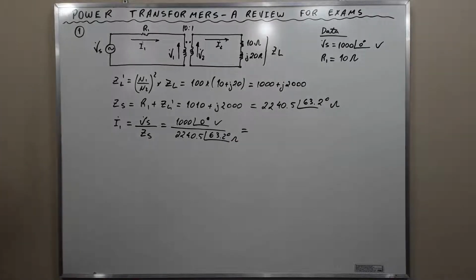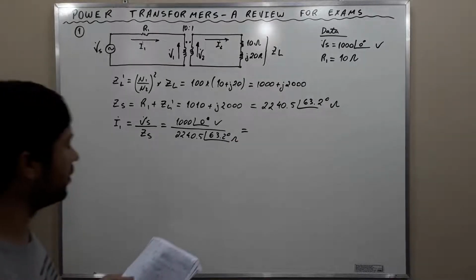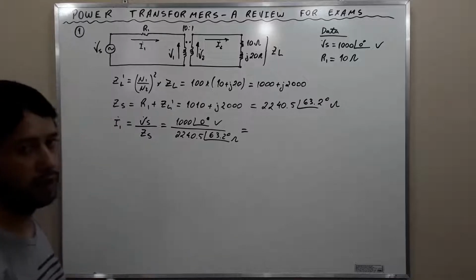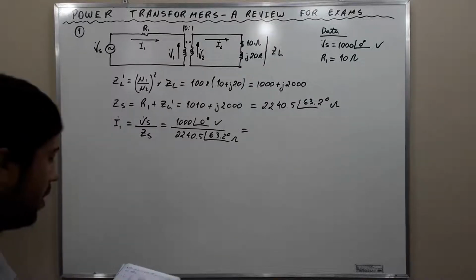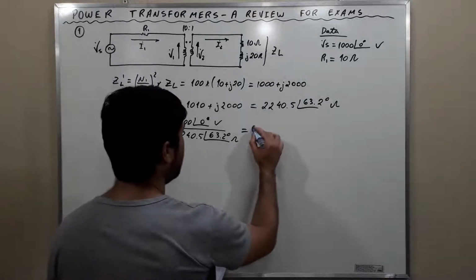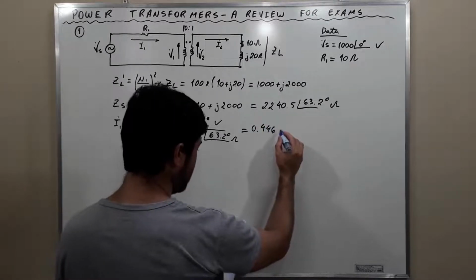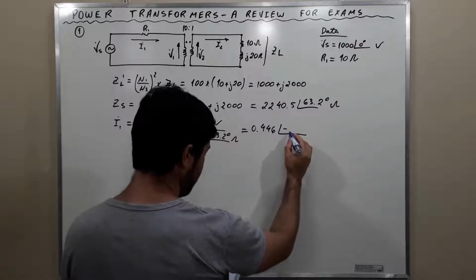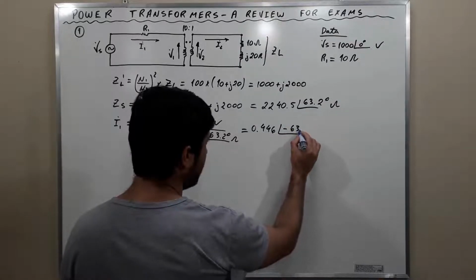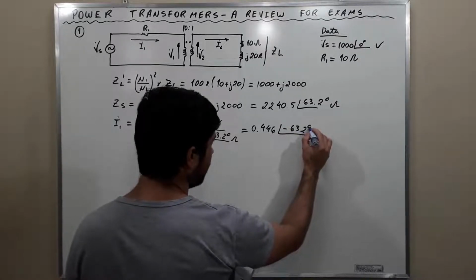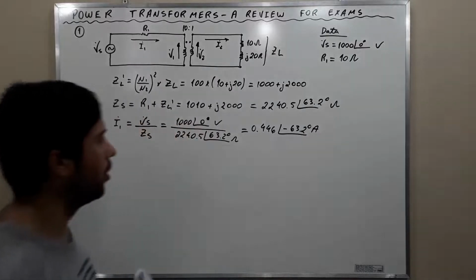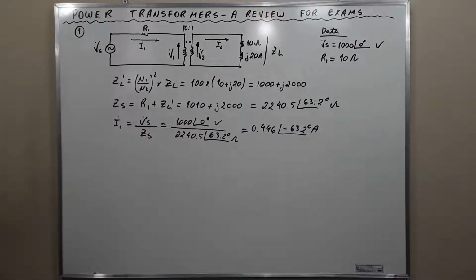Consequently, the value of the input current, or if you prefer, the value of the primary current is 0.446 phase negative 63.2 degrees amperes. Alright, this is the value of the primary current.